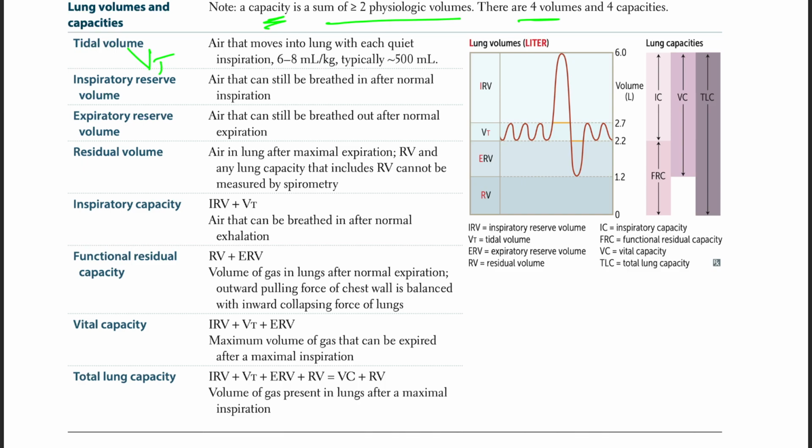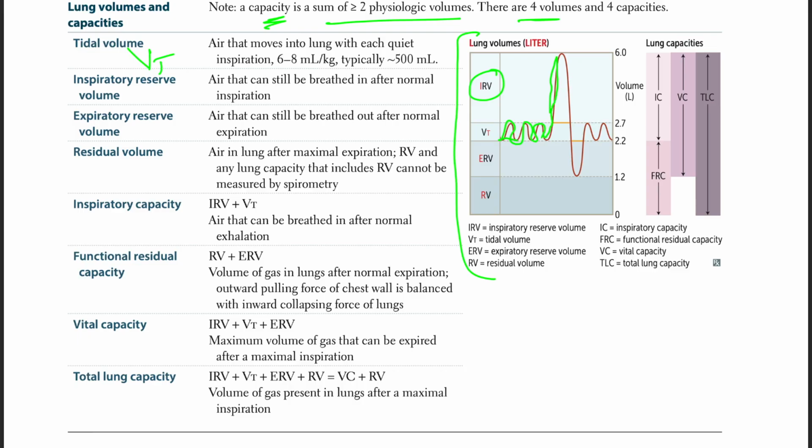Let's look at this image first. This is your normal. Tidal volume is your normal breathing in, breathing out. Breathe in, breathe out, normal. But as soon as you breathe in more than normal, that becomes your IRV, inspiratory reserve volume.